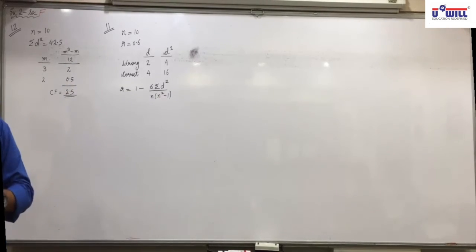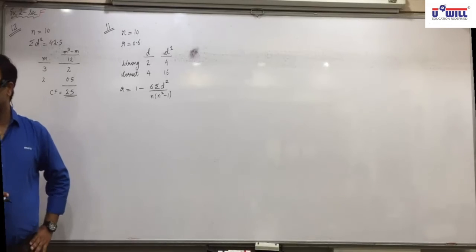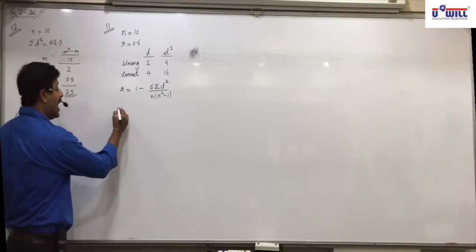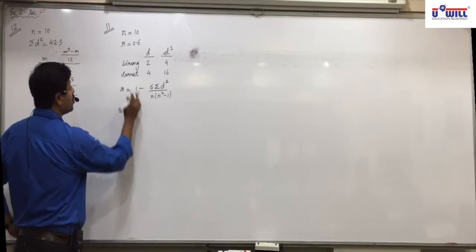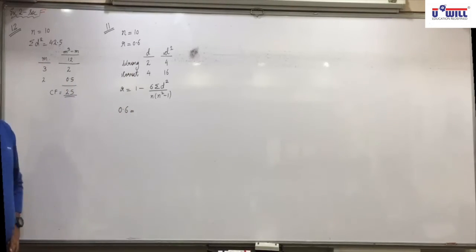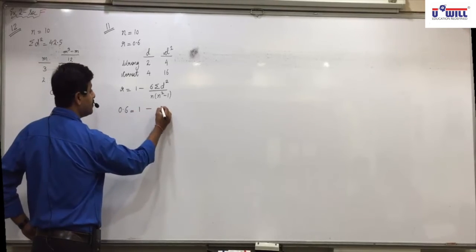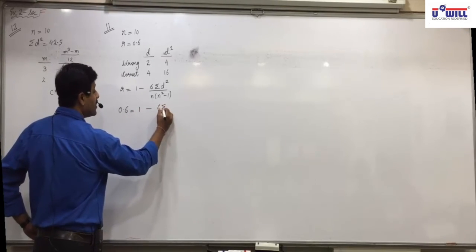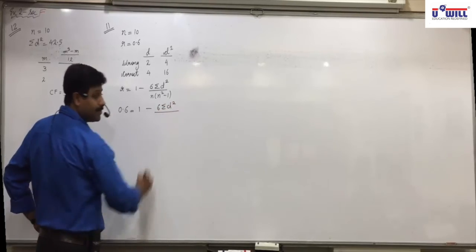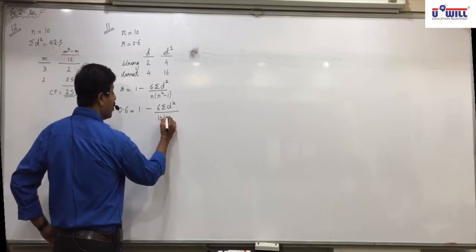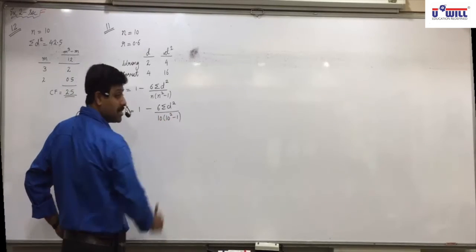Okay? May I put all the values? R is given as 0.6, so on the left side we will write 0.6. 1 minus 6 sigma D square, which we have to find, upon 10 into 10 square minus 1.